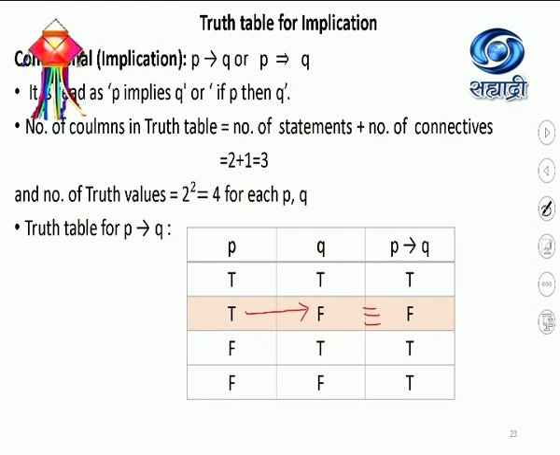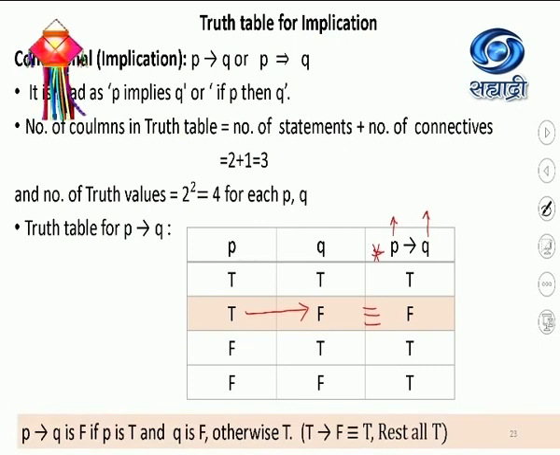But as I told you, the sequence matters: you have to take the values from column P first and then take the values from column Q. Do not change the sequence here, which is very important for P implies Q. The T implies F combination is F. All other implication values will be T, as you can see in the truth table.